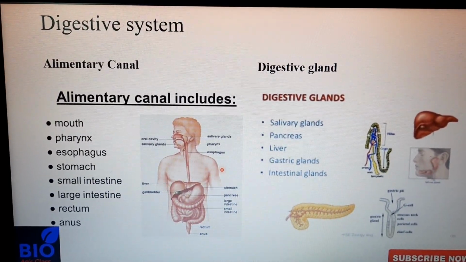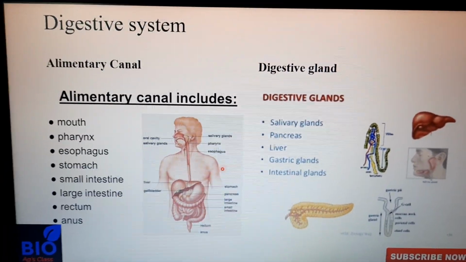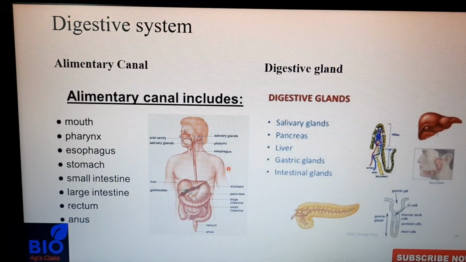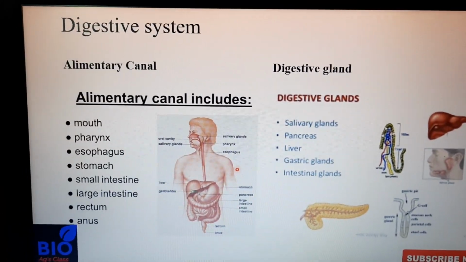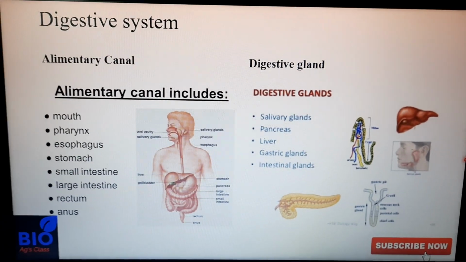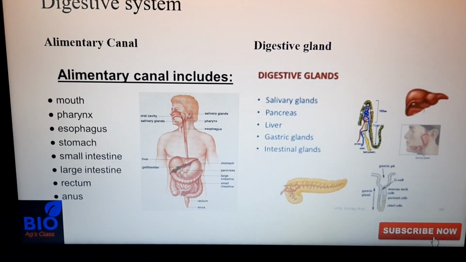In the small intestine, we also have intestinal glands. The small intestine is divided into three parts: duodenum, jejunum, and ileum.